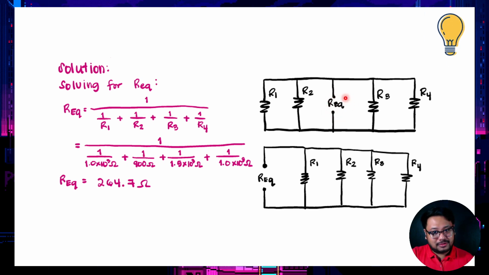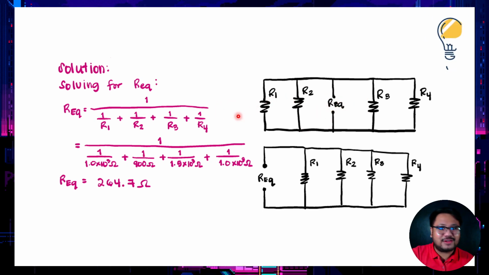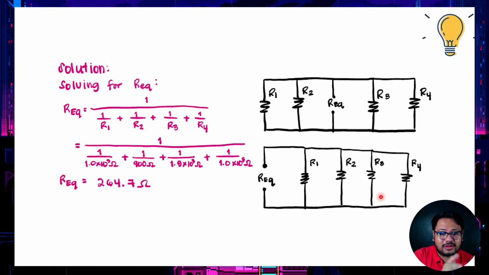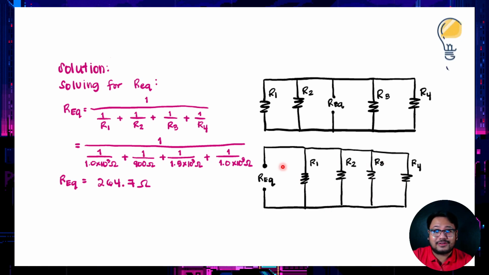We could rearrange this circuit wherein we move this REQ towards the left side, and then move R1 and R2 to the right. As we can see, R1, R2, R3, and R4 are just connected parallel to each other. So this is a parallel circuit configuration.